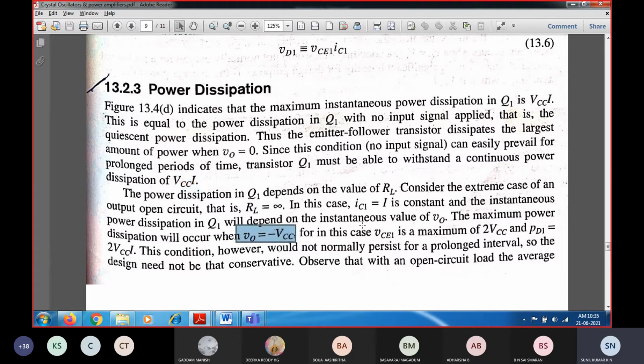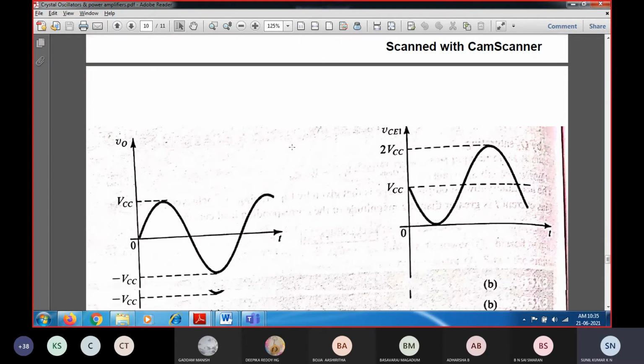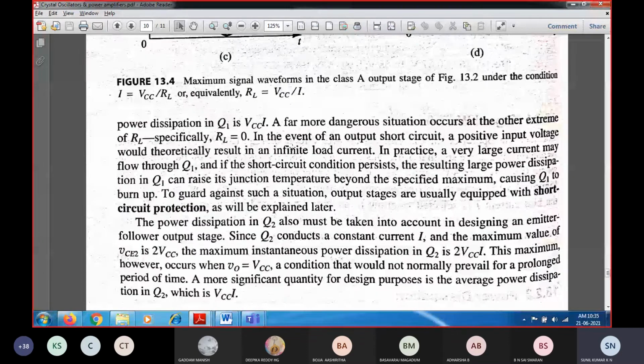So the total maximum power dissipation during both the positive and negative cycles will be equal to 2 times VCC into I. That is VCC I during the positive cycle and VCC into I during the negative cycle. So the total power dissipation is VCC I minus minus VCC I, which is 2 times VCC I. That is what occurs for this class A amplifier, which has 2 times VCC into I. The same thing occurs when RL is equal to infinity.